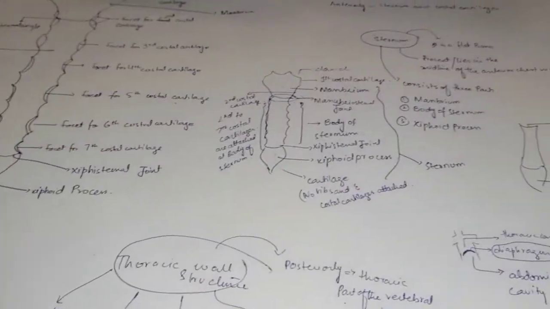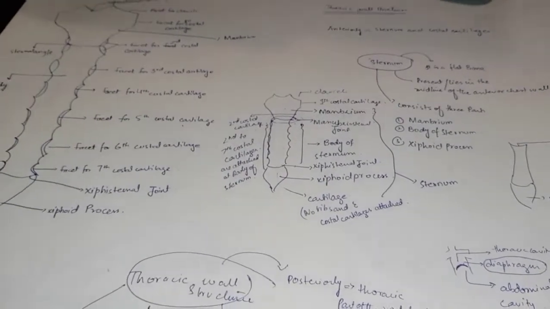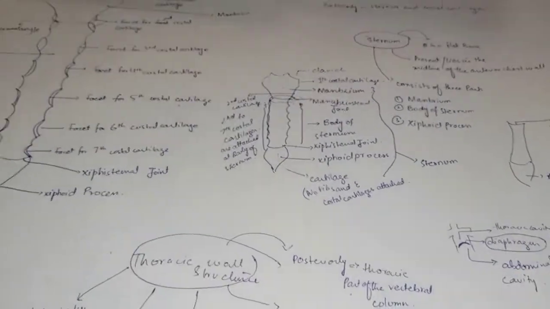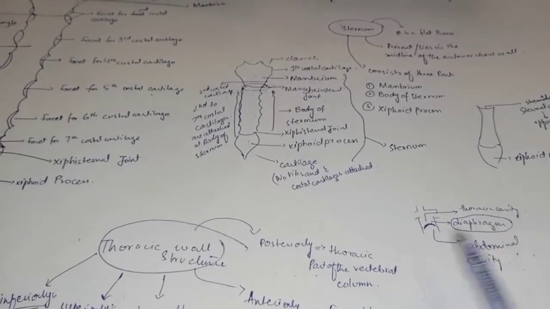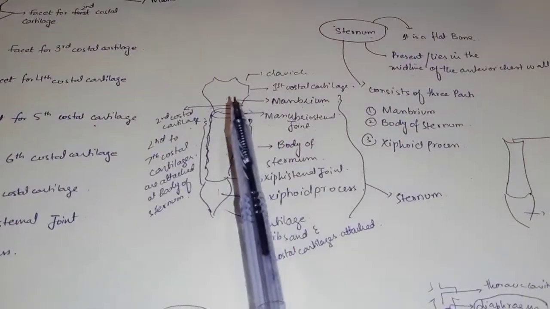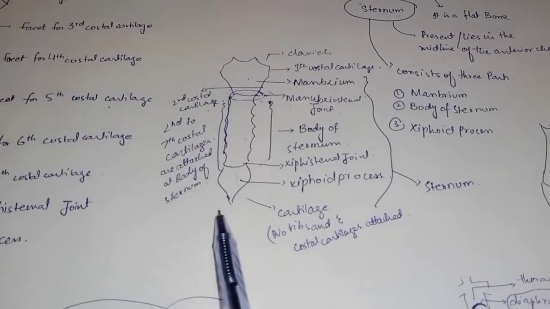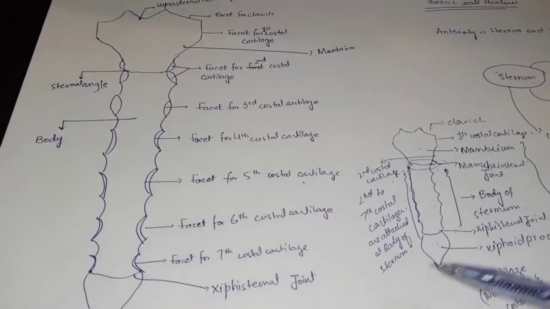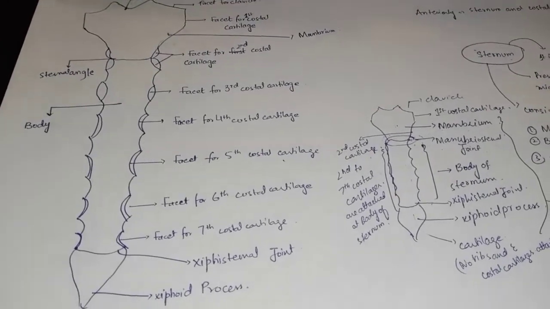Now I'm going to give you a short review, or summary, of this lecture. In these videos related to the sternum, we talked about the manubrium, the body of the sternum, and the xiphoid process. Here I'm going to talk about the diagram from Snell anatomy.